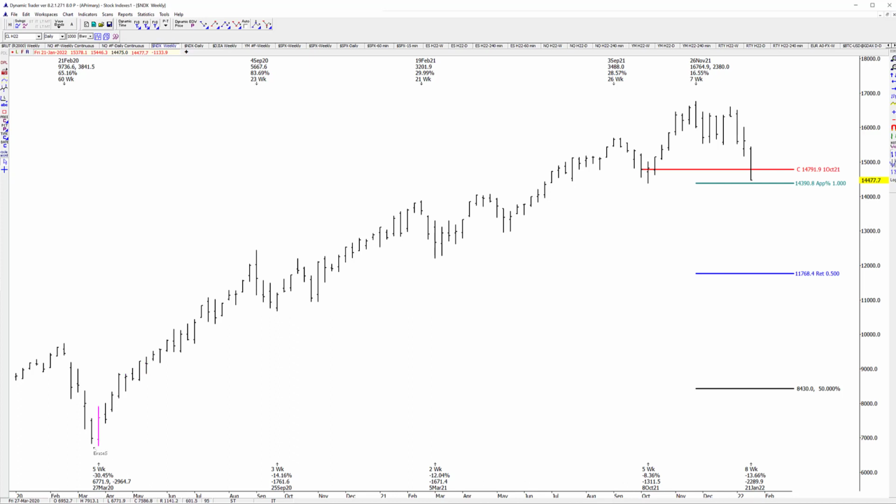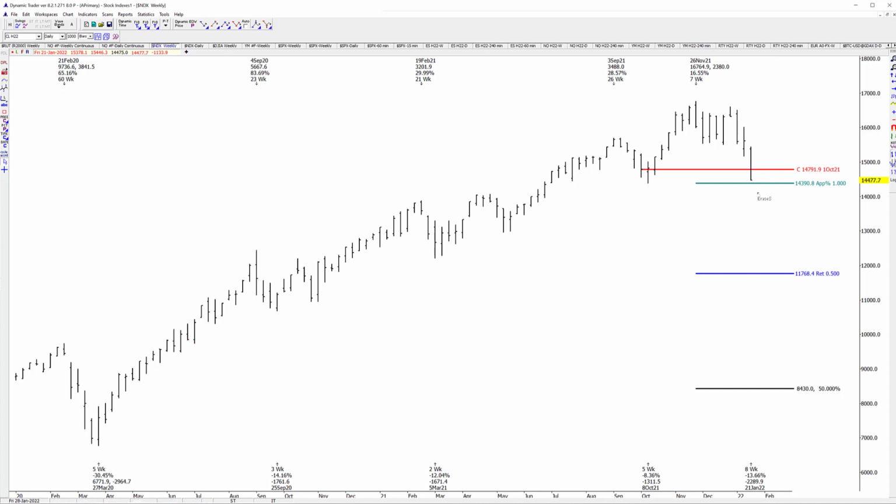So since this significant low, and this is where this bull trend began from, as of the end of last week, the Nasdaq has declined greater in price range than any correction since the March 2020 low.